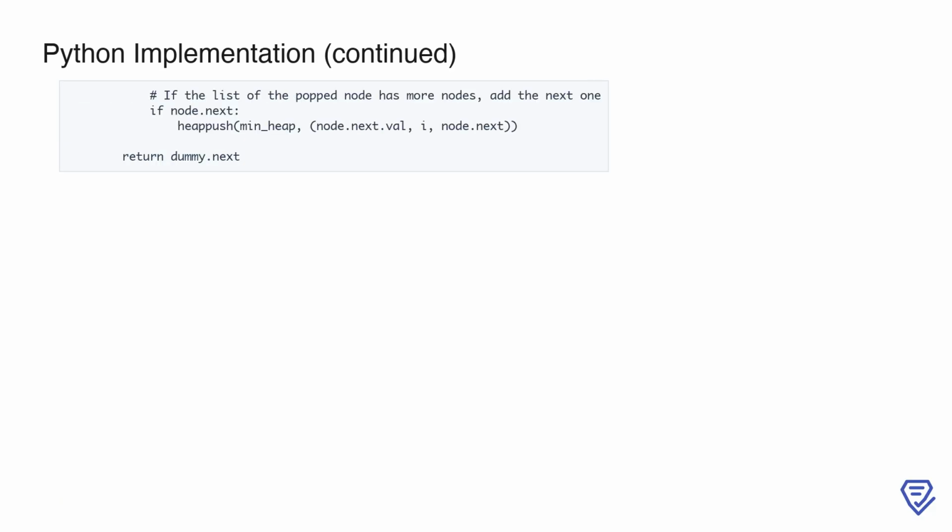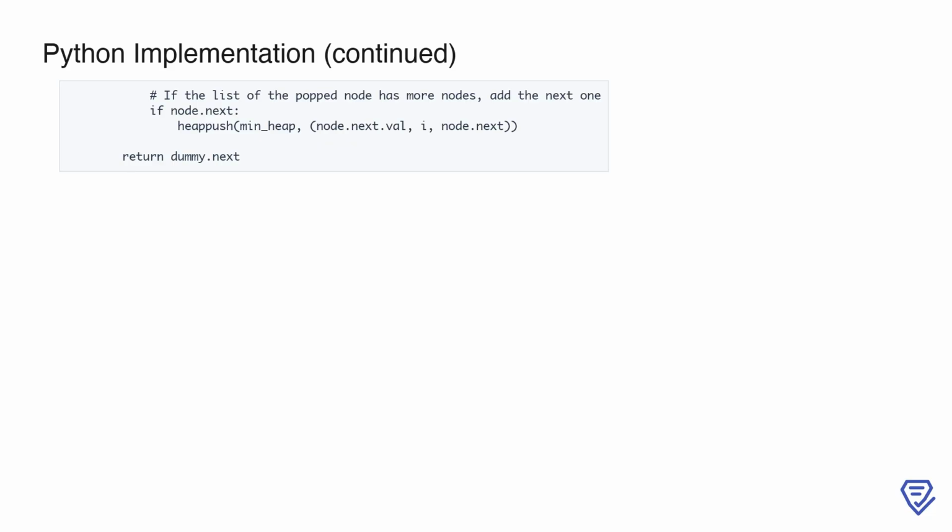If the node we just added to the merged list has a next node in its original list, we push this next node back into the min heap. This ensures that the heap always contains the next smallest node from the remaining parts of the lists. The process continues until the heap is empty, meaning we've processed all nodes from all the input lists. After the loop finishes, the merged linked list is fully constructed, starting from the dummy node's next pointer.